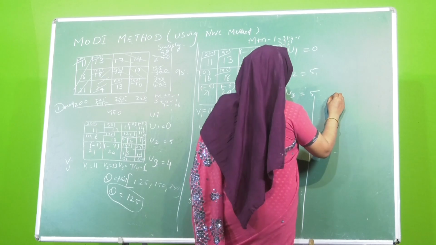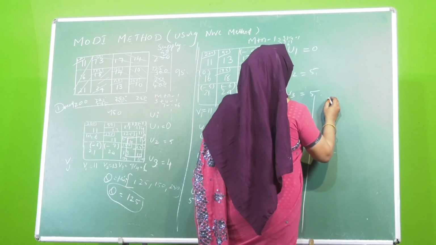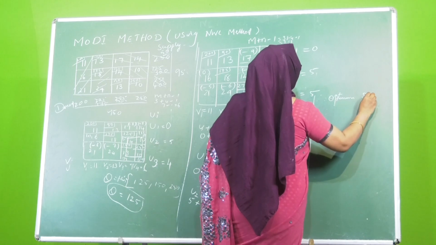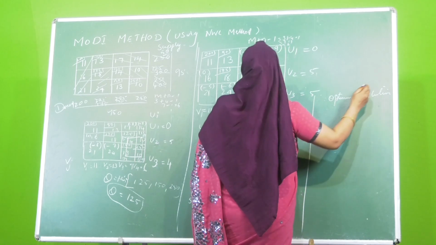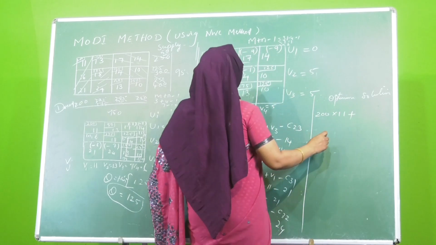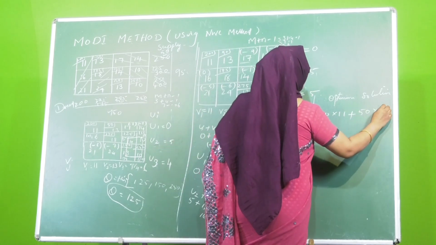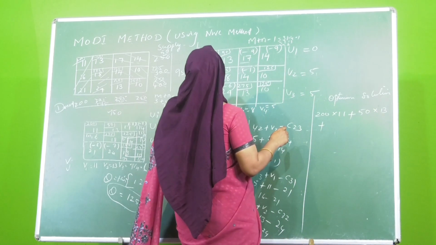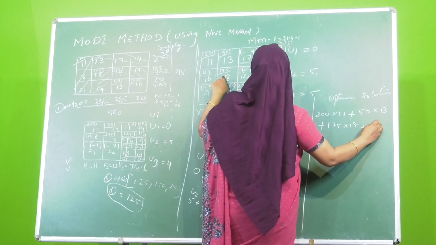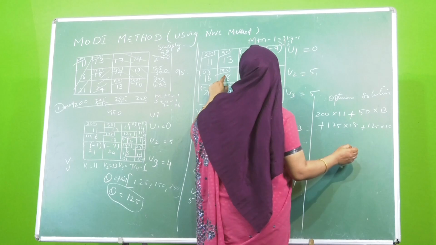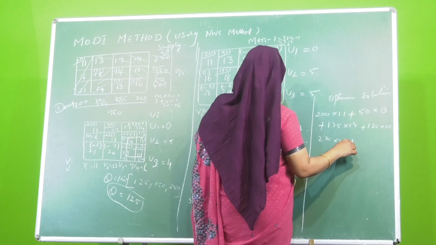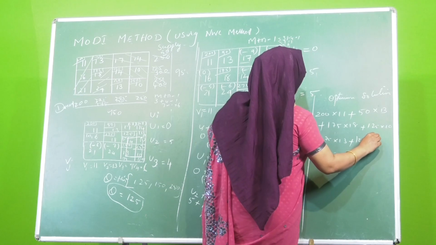The optimum solution is 200 into 11 plus 50 into 13 plus 175 into 18 plus 125 into 10 plus 275 into 13 plus 125 into 10.